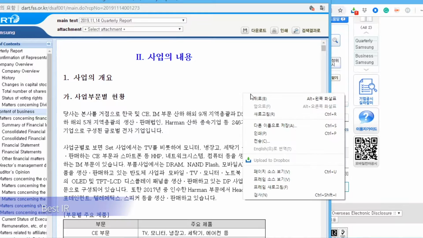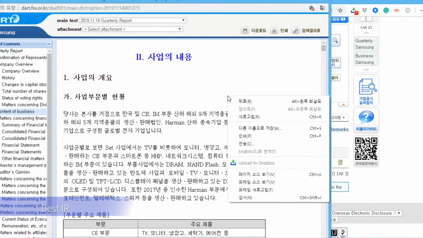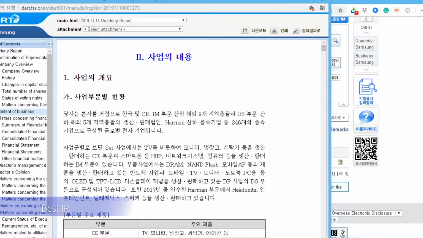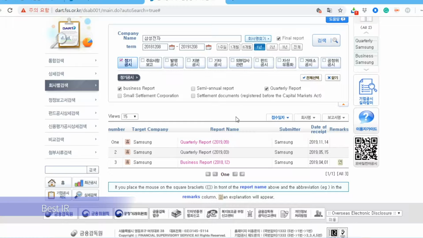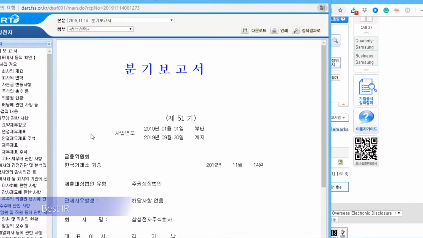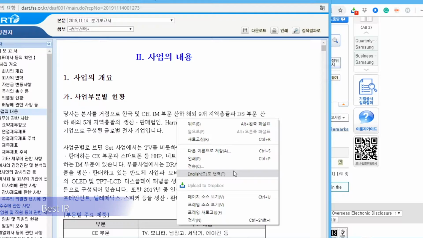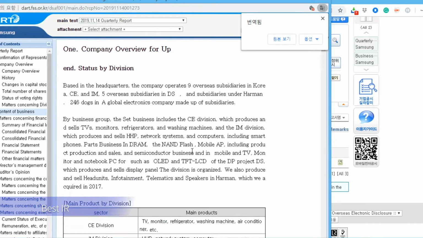So the content business, why is it not turning to English? So you will go to number 2, which is about business, what they're doing, all in English.